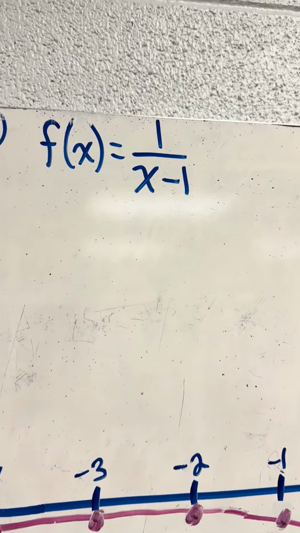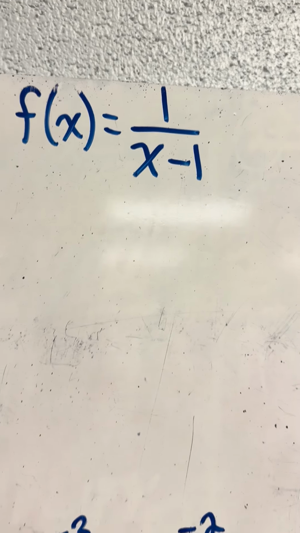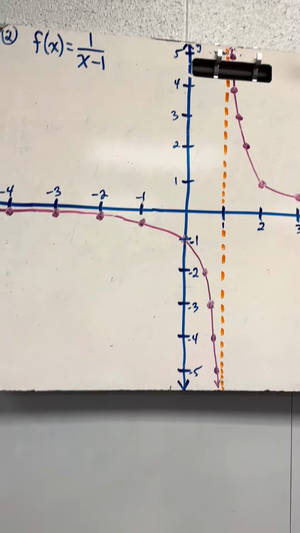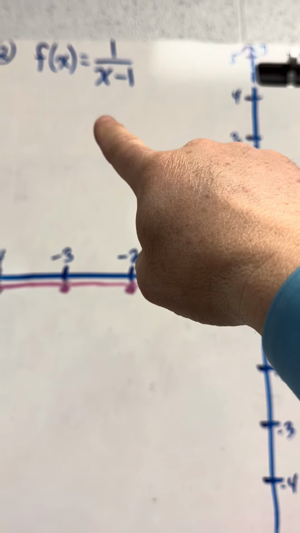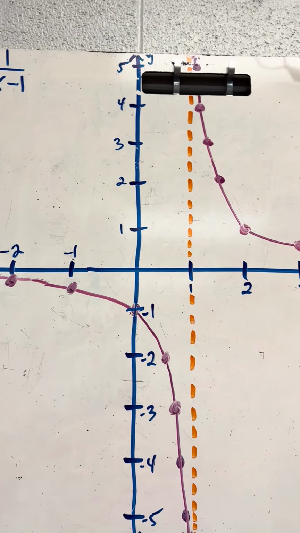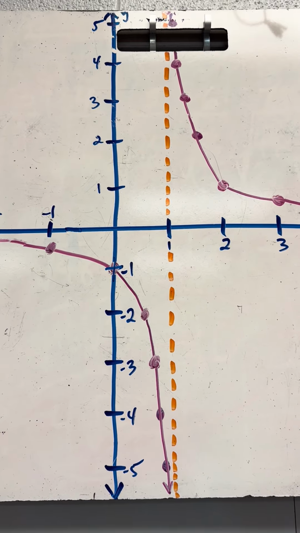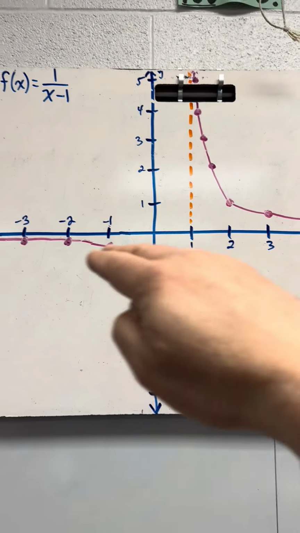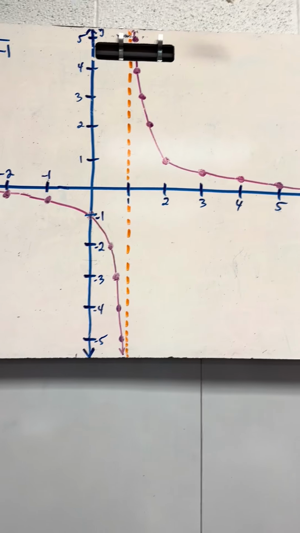Here, if I say f of x or y equals 1 over x minus 1, notice it's pretty much the same graph, but this time if I put in 1, that'll make the bottom 0. So the vertical asymptote is at 1. Yes, again, there's a horizontal asymptote here, but again, I'm going to talk about that in another video.